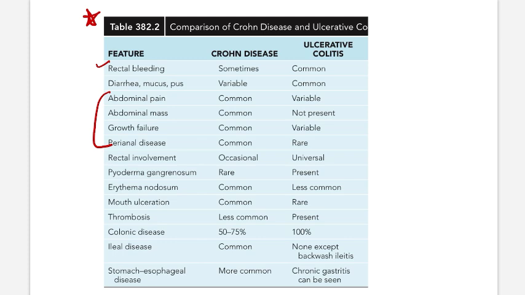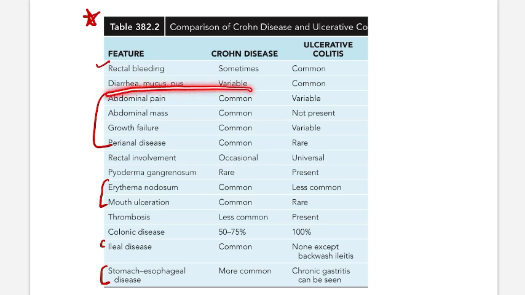Erythema nodosum and mouth ulceration are also common. Ileal disease is common, as is stomach and esophageal disease. Just remember the things which are more common in one disease, like Crohn's disease. This way, you will be able to remember this.